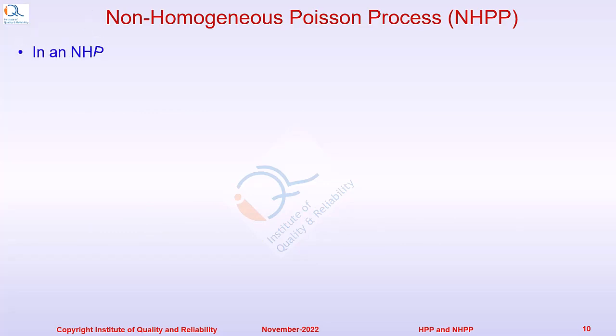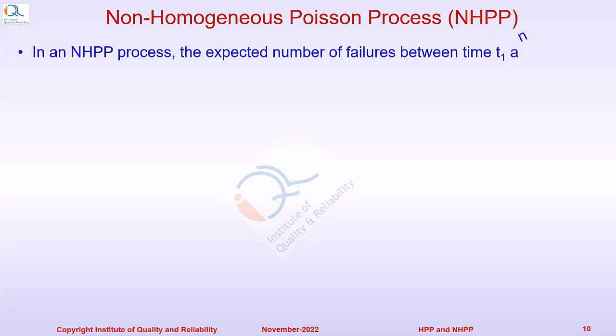In an NHPP process, the expected number of failures between time t1 and t2 will be given by the difference between the cumulative intensity functions at these times, which can be written as capital M at t2 minus capital M at t1.